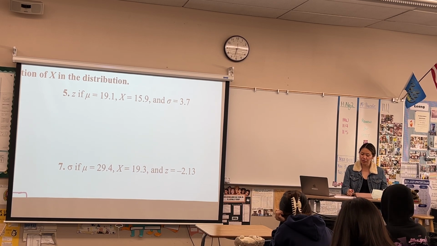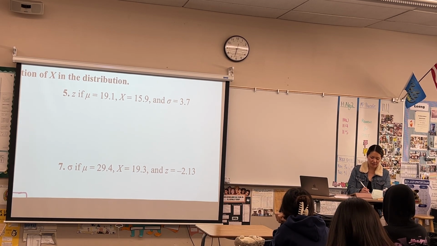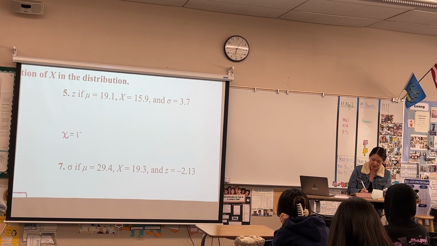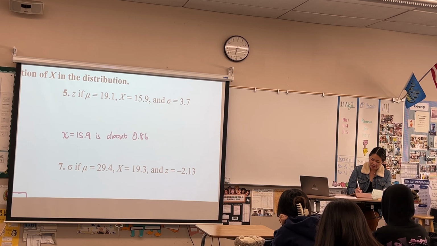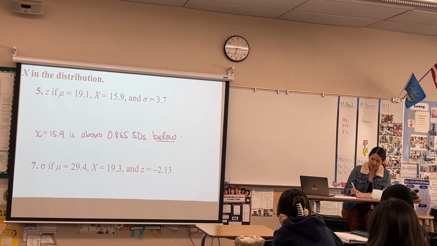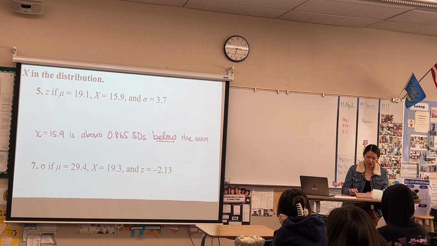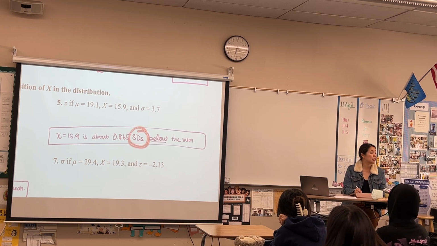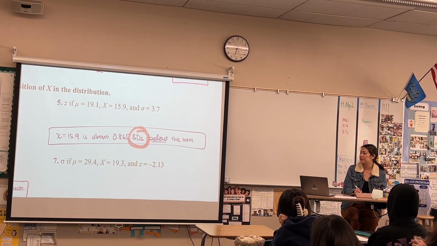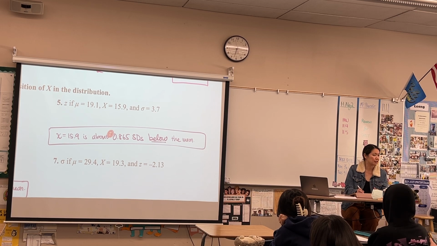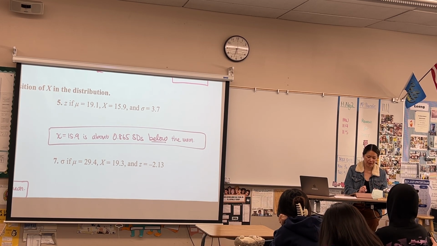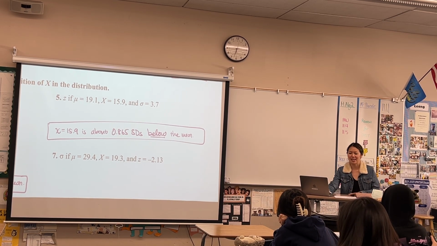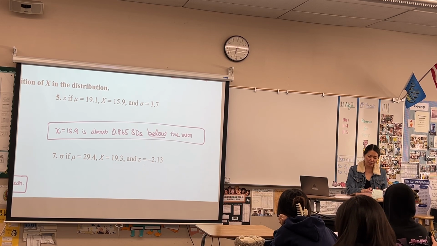So x is equal to 15.9 is about 865 standard deviations below the mean. Double check a couple things for yourselves. Make sure you wrote standard deviations, and make sure there's no negative there, okay? It should look just like that. Good, nice, Selena. Okay, Ethan, what did you get for 7?